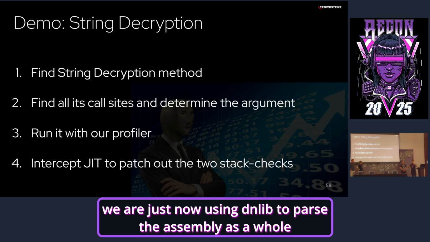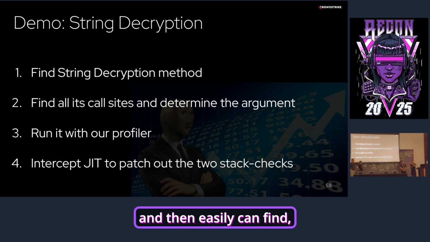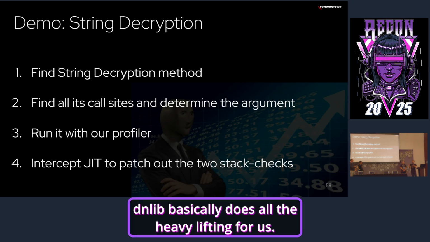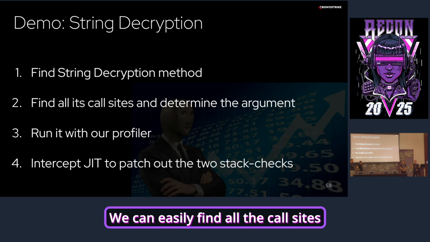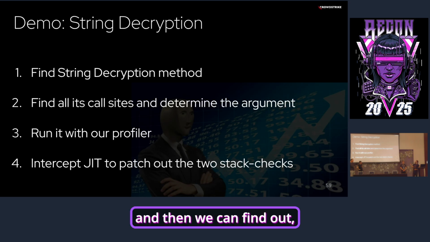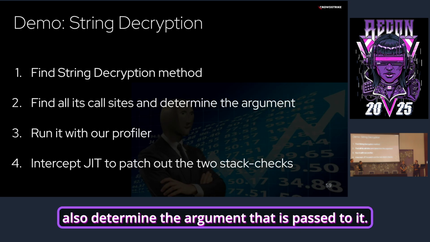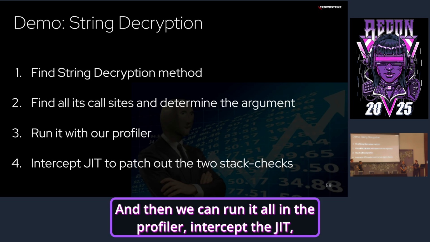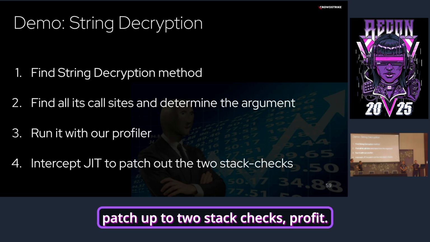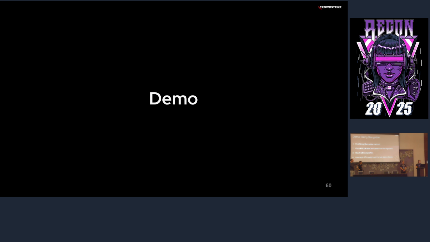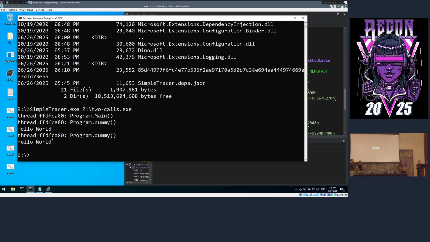We are now using dnlib to parse the assembly as a whole, and then can easily find it. dnlib basically does all the heavy lifting for us. We can easily find all the call sites, and then we can also determine the argument that is passed to it, and then we can run it all in the profiler, intercept the JIT, patch out the 2 stack checks, profit. Okay, so let's do the next demo.